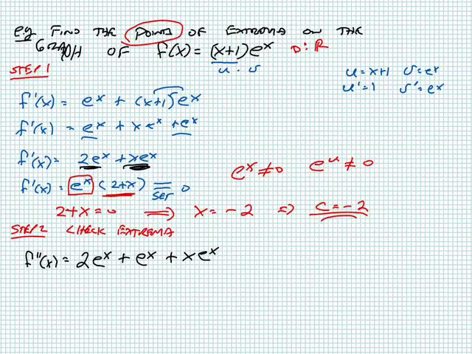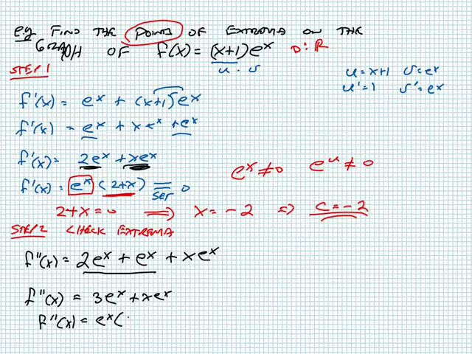So here I've got 3e to the x, and I can factor out an e to the x. So f double prime of x is equal to 3e to the x plus xe to the x, or f double prime of x is equal to e to the x times 3 plus x. And remember, the second derivative test is looking at the second derivative at the critical point. So the second derivative when x is equal to minus 2 is going to be greater than 0.